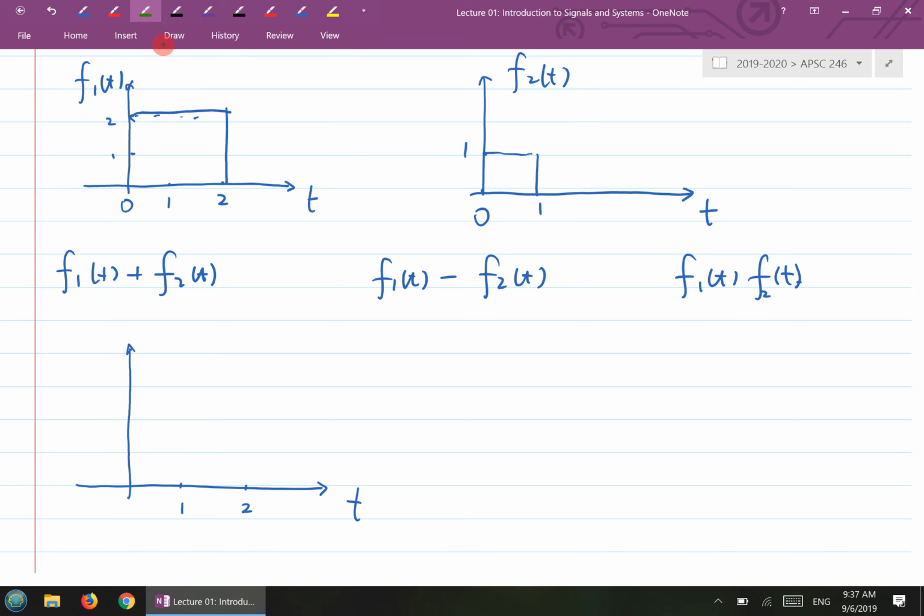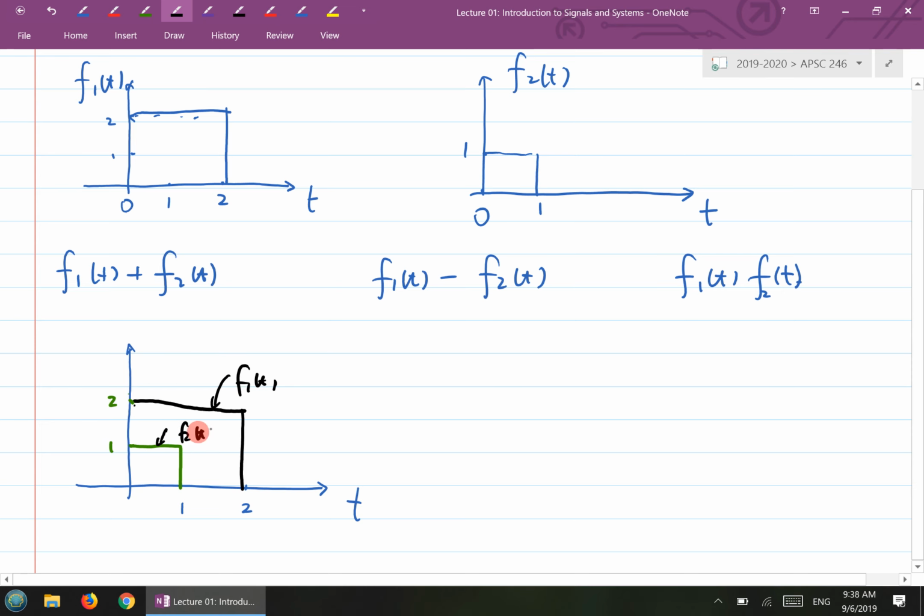So f1 of t is this, f2 of t is this. If I sketch both inside this graph, this will be f2 of t, this is 1, 2, and that will be f1 of t. It's not very perpendicular, but you can use a ruler if you want. So this is basically f1 of t and f2 of t.